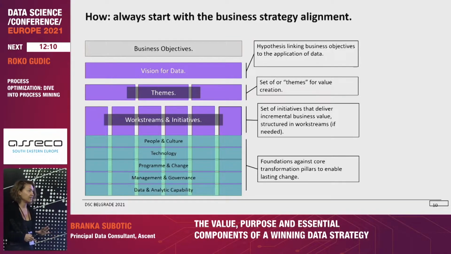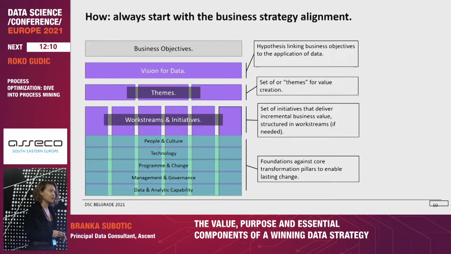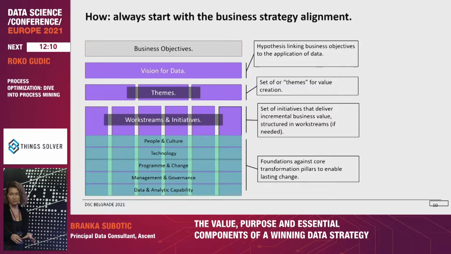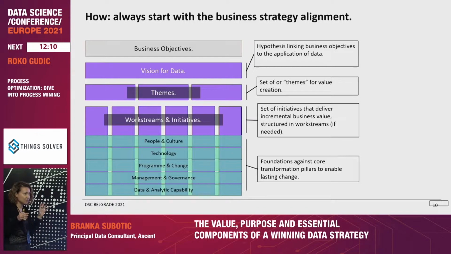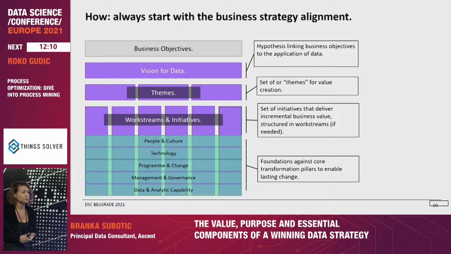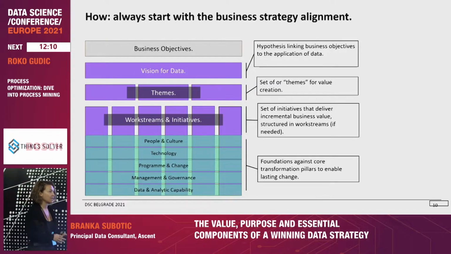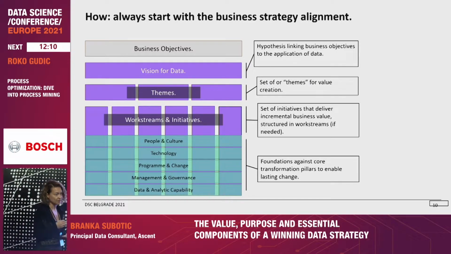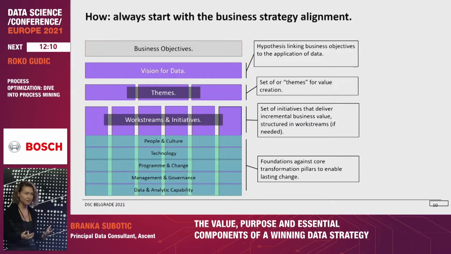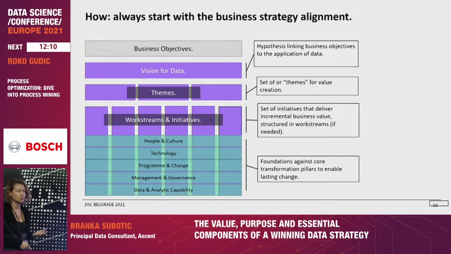Otherwise, you're going to invest a huge amount of money and effort into solving the wrong thing, because it's not the thing that's going to bring you closer to your business objective. So this is the key. Start with the business objective, start with the business strategy, and see how data can actually help achieve it faster, better, sooner.